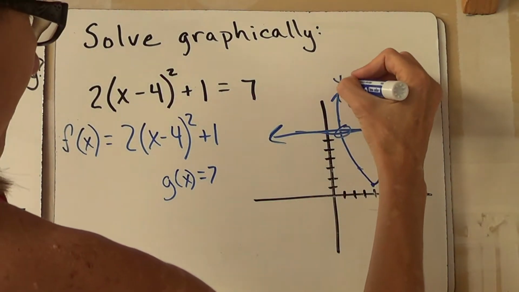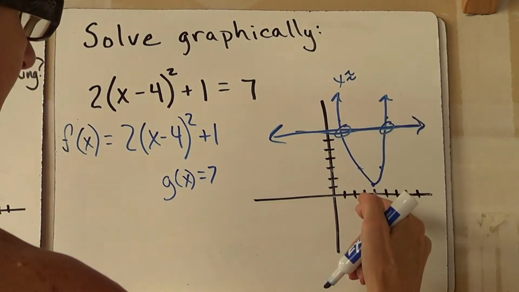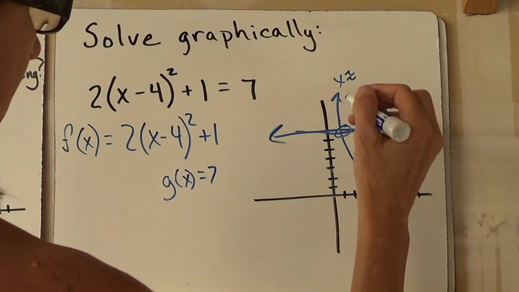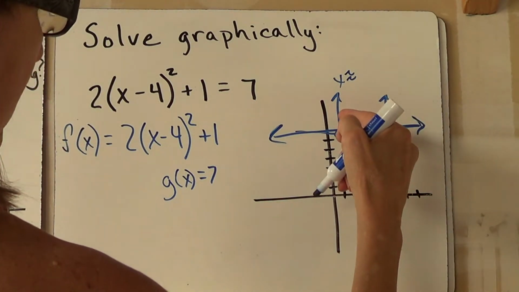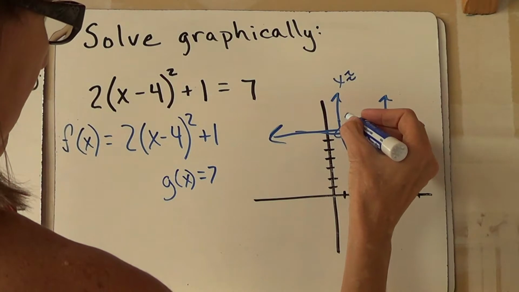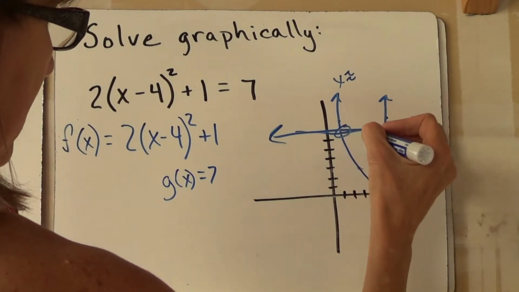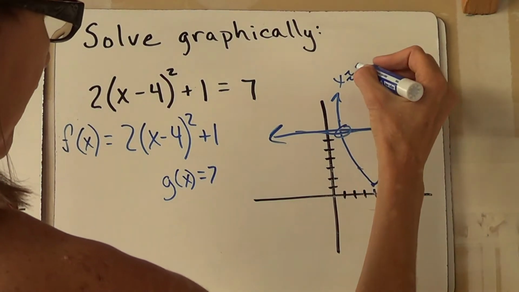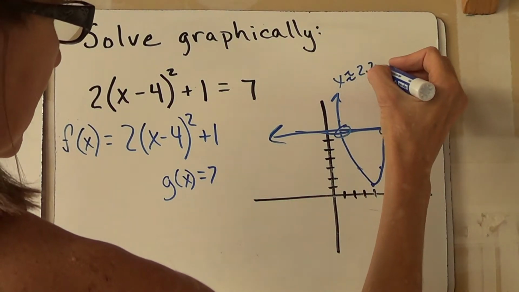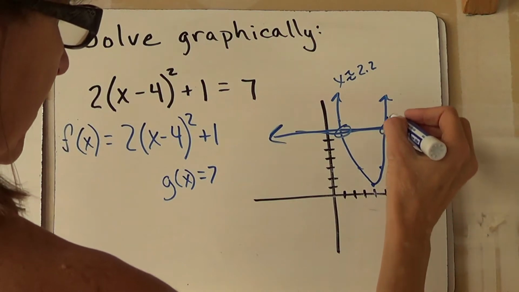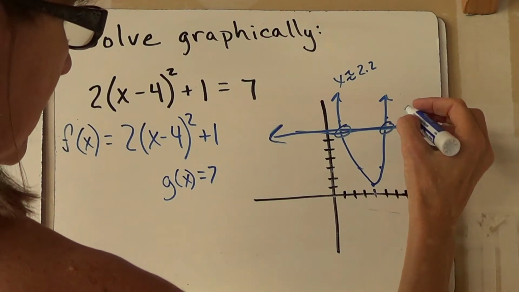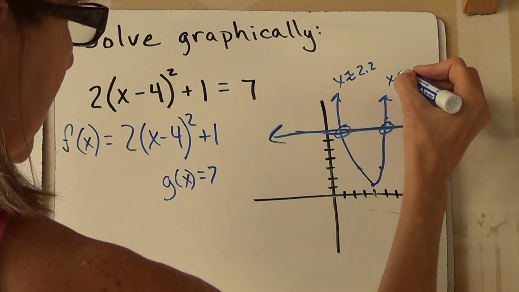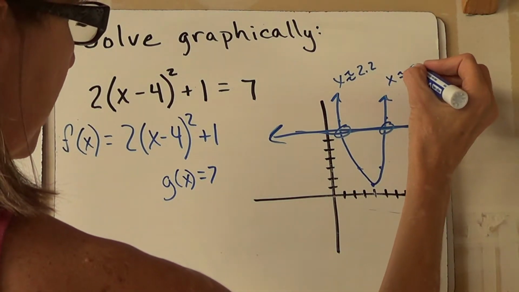They are at approximately, it's not going to be quite out 2 yet, because up here at 8 it's out 2, so 4 minus 2 is 2, so it's going to be approximately 2.2. And on the other side, it's not going to go out quite 2, so 4 plus 2 would be 6, so not quite at 6, so like 5.8.